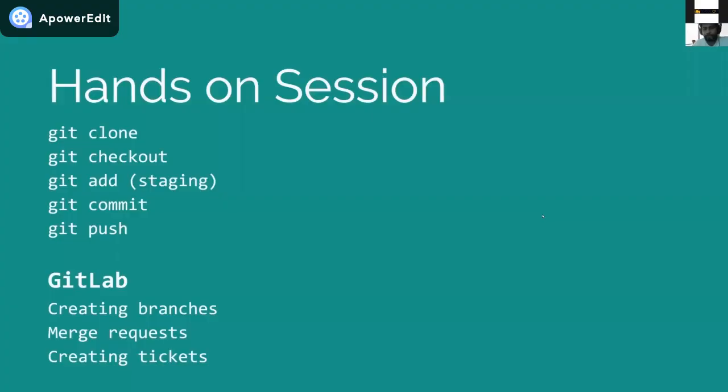This is the Git Basics repository, and I will be checking out a branch, and I'll be adding some files, staging, I hope you remember, and doing a commit and push to the central repository. And in GitLab, meanwhile, I will be creating branches. I will be possibly doing a merge request. I will explain this stuff, and I'll be creating tickets as well.